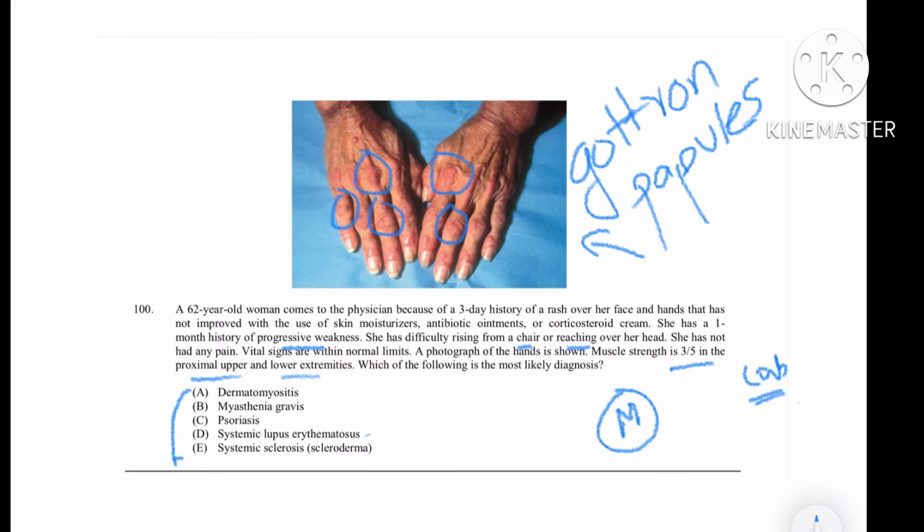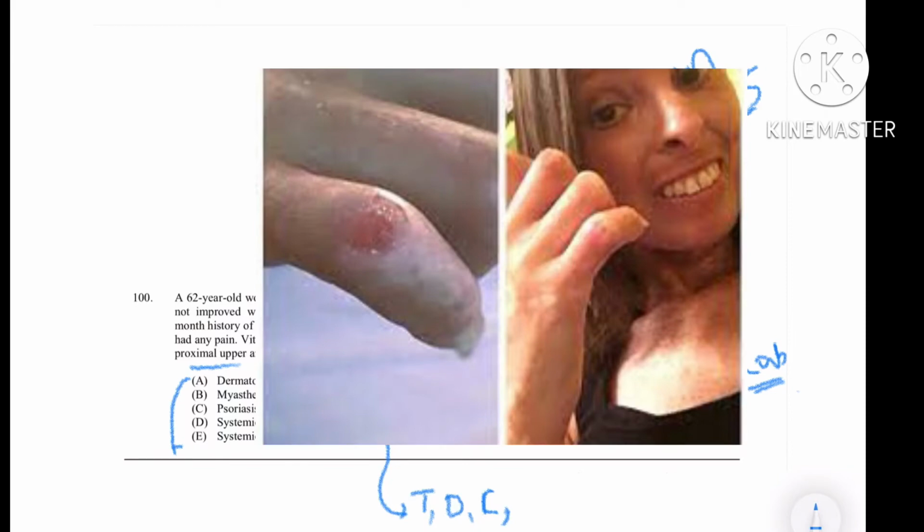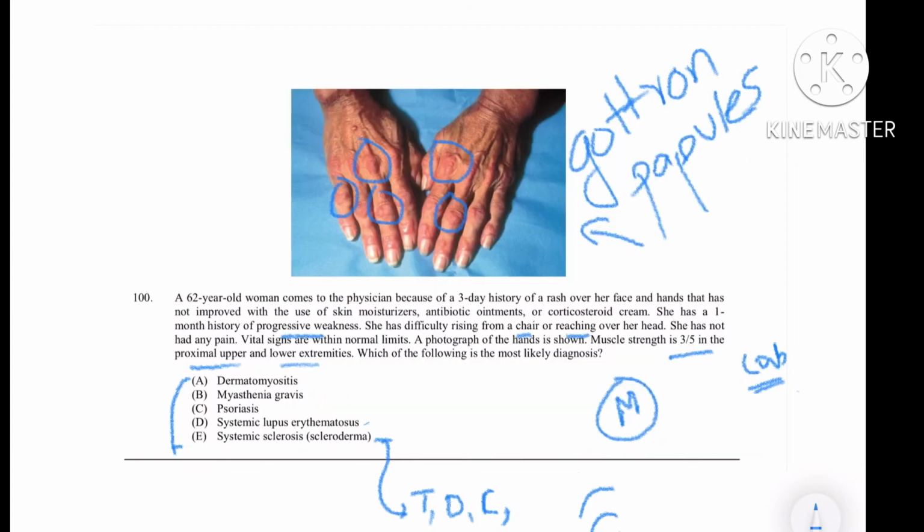If you talk about scleroderma, this is also a disease of connective tissue, but in this case you usually find tightening of the skin, difficulty in swallowing, dysphagia, and hypercalcemia, and because of tightening of the skin the fingers appear somewhat like a bandit, but there will be no rashes over the dorsal surface.